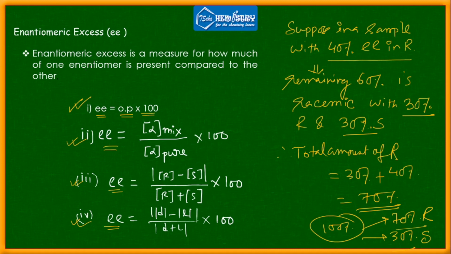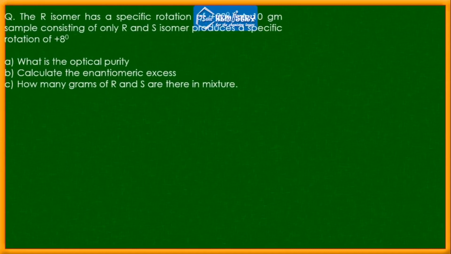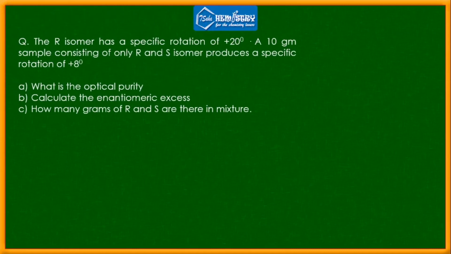Okay, now we are going to solve a particular problem. The problem says the R isomer has a specific rotation of plus 20 degrees. A 10-gram sample consisting of only R and S isomers produces a specific rotation of plus 8 degrees.